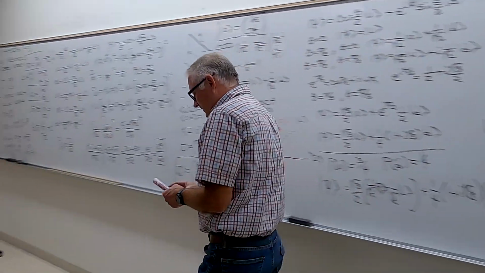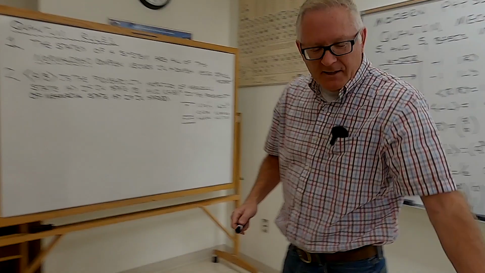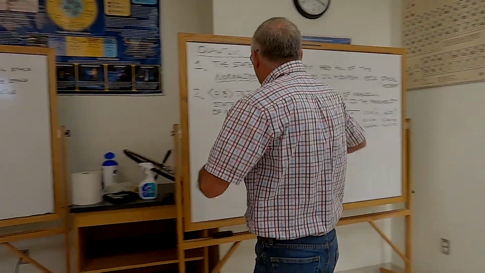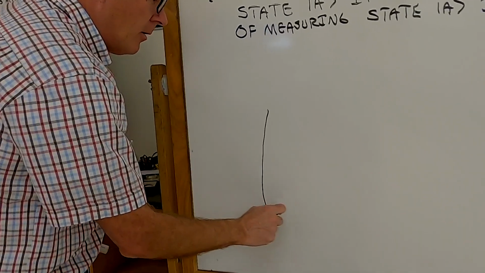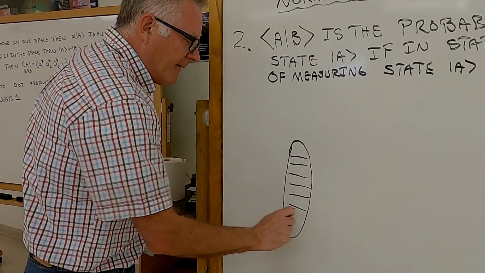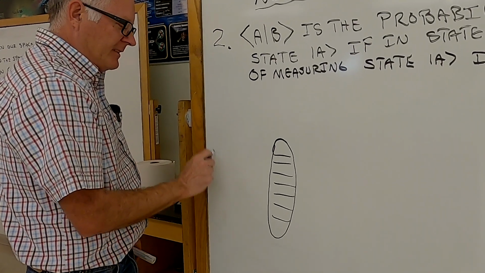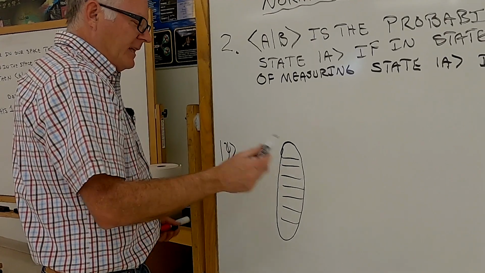Okay, so now let's come over to here, because I want to have more than one of these. So we already have a horizontally polarized one here, and we had our psi out here, which was completely unpolarized.